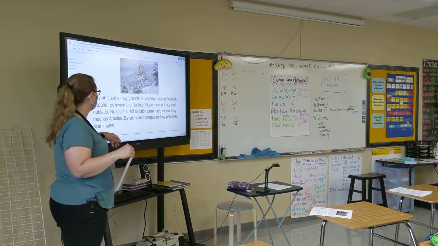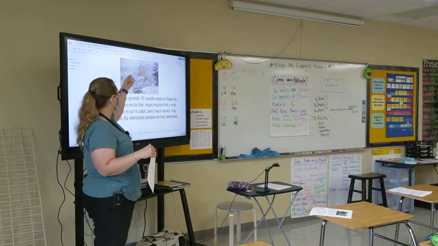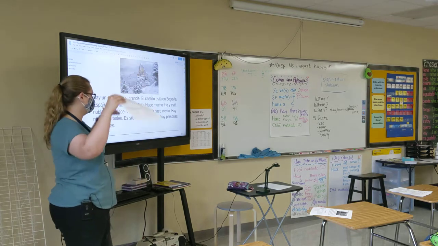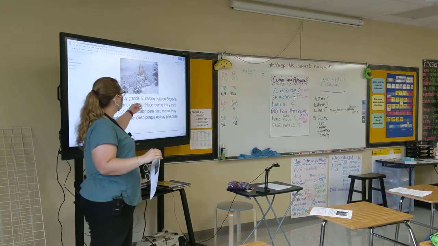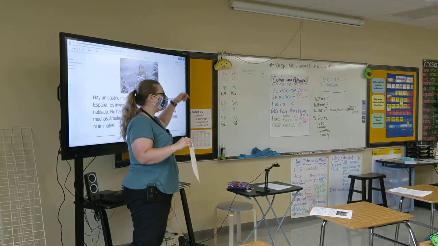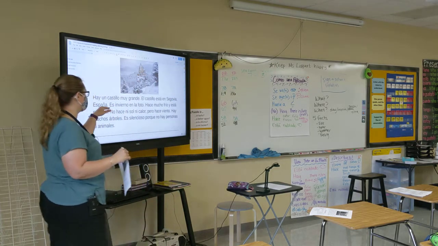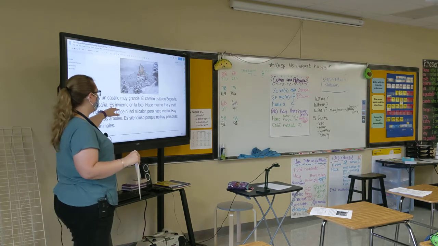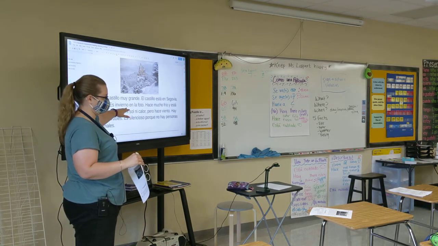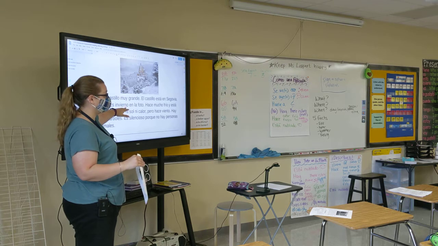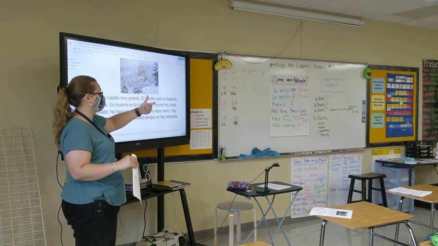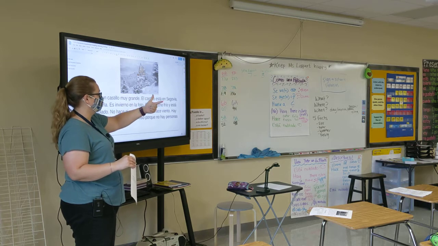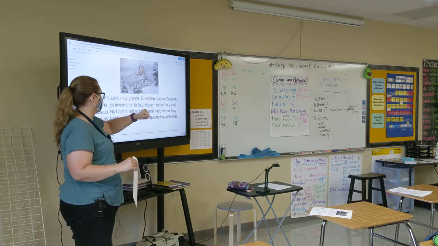Here's your reading. Hay un castillo muy grande. You're not writing it. You're just trying to understand. El castillo está en Segovia, España. Es invierno. La estación es invierno. Diciembre, enero, febrero, invierno.